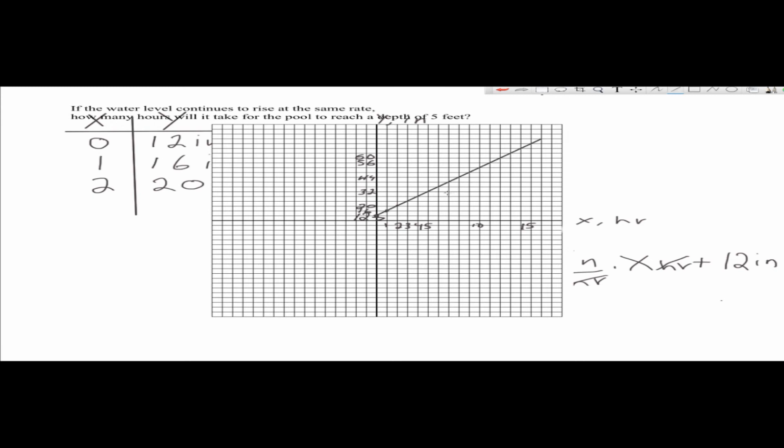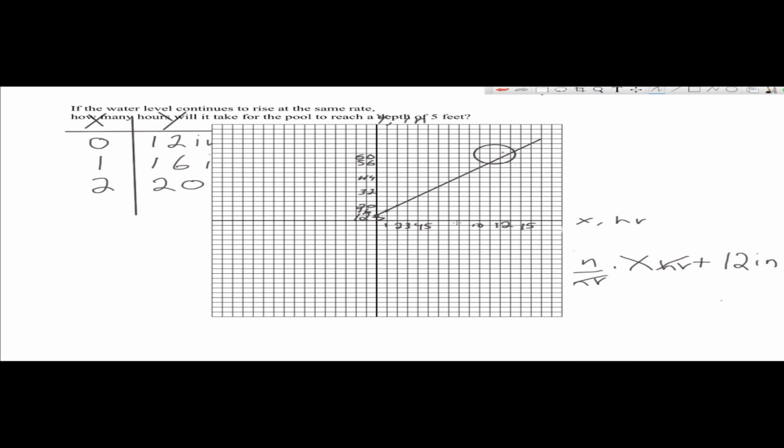And from this I can begin to predict something. So at 60 inches I come across and I intersect the line at this point right in here. I'll drop down, and I'm at 12.